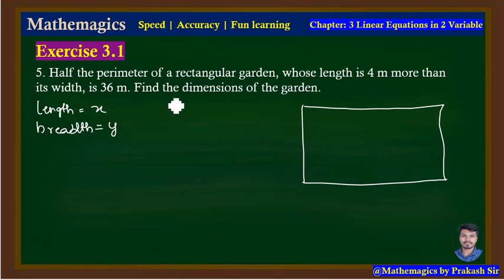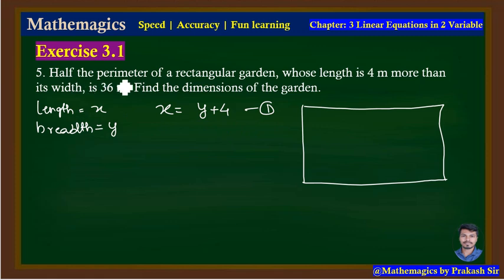So according to the condition, length is 4 more than the width, means x is equal to y plus 4. So this is the first equation we are getting.